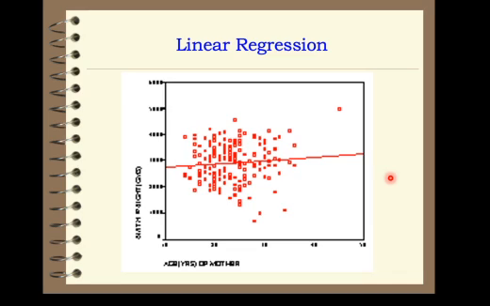So when the line is going up, we say that there is a relationship between the independent and the dependent variable, and the relationship is a direct relationship. But when the line is going down, we say that the relationship is inverse. But when the slope of the line is horizontal, we say that there is no relationship between the independent and the dependent variable.